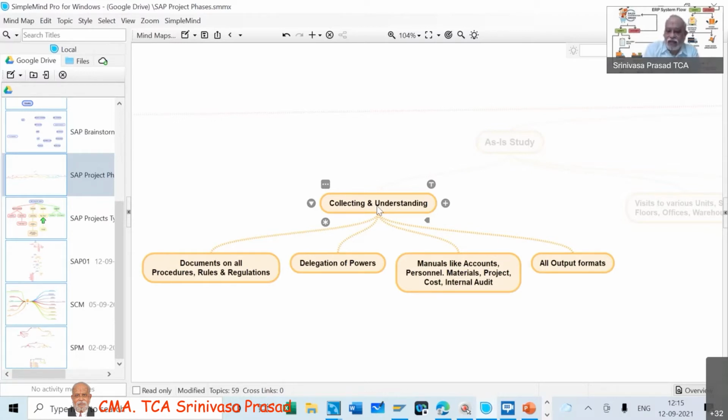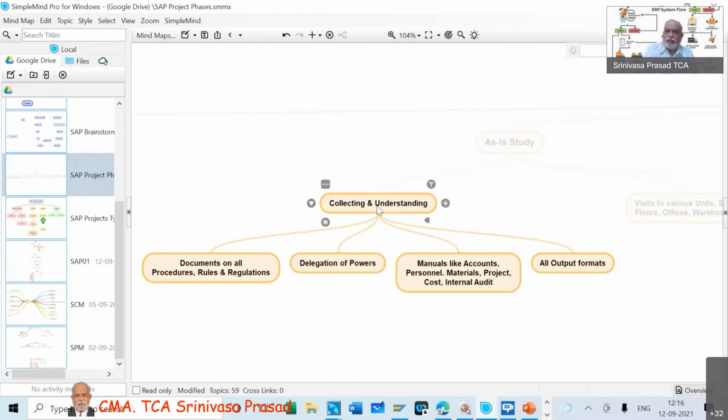In fact, I have been offered manuals preparation many times, which I did not accept for various reasons. But as professionals, we have this particular area, especially the accounts manual, materials manual, project manual, cost manual, internal audit manual, and all.